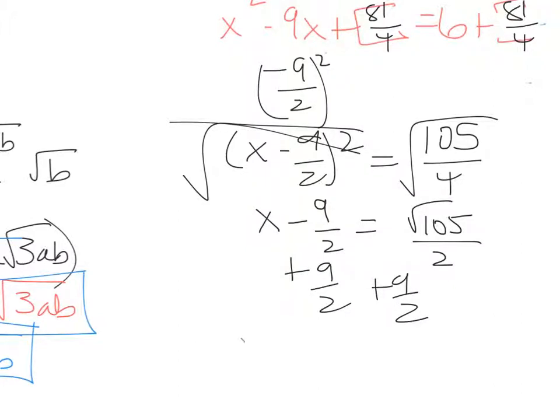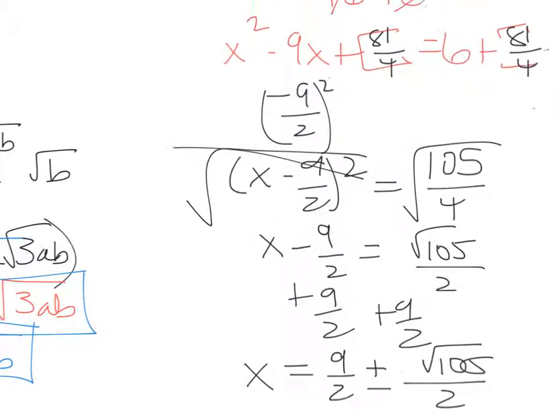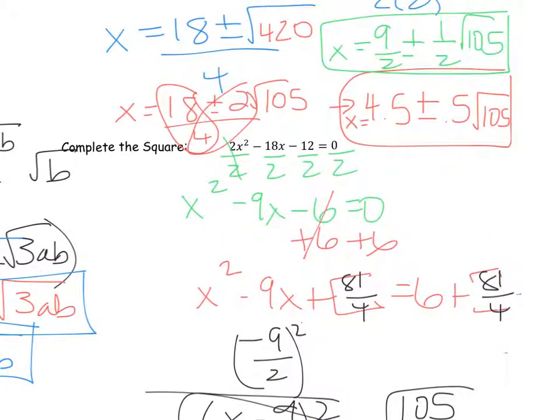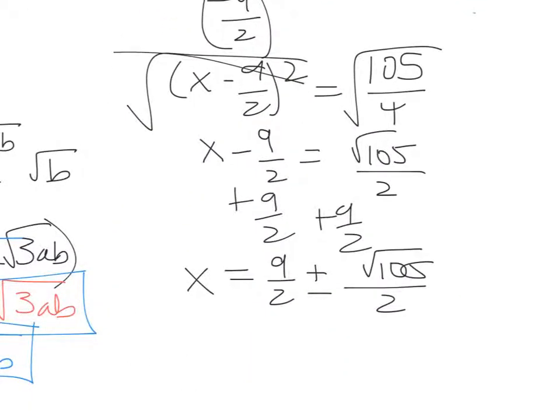So your answer is x is equal to 9 over 2 plus or minus radical 105 over 2. Now let's make sure that matches with what we had before. Up here, that's 9 halves plus or minus 1 half rad 105. It's the same exact thing.